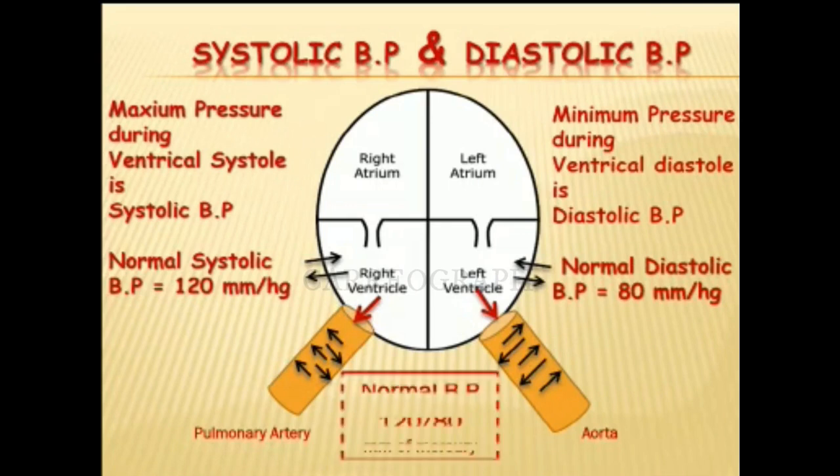So friends, the normal blood pressure is 120 by 80 mm of mercury. That is the normal systolic as well as diastolic blood pressure.